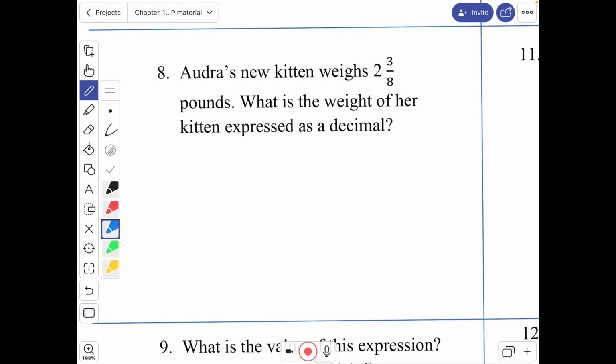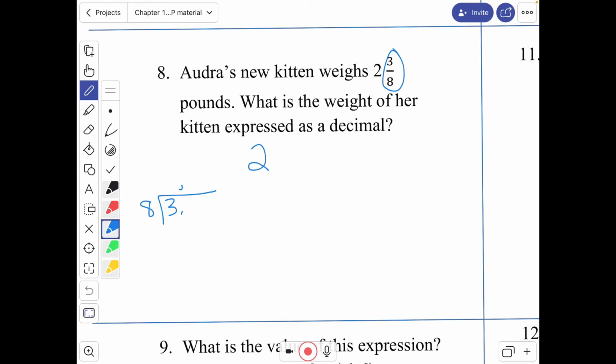Number 8. Audra's new kitten weighs 2 3/8 pounds. What is the weight of her kitten expressed as a decimal? Well, we know the whole number's 2. We need to figure out what 3/8 is as a decimal. If you have it memorized, it'll be easier. If not, you have to divide it out.